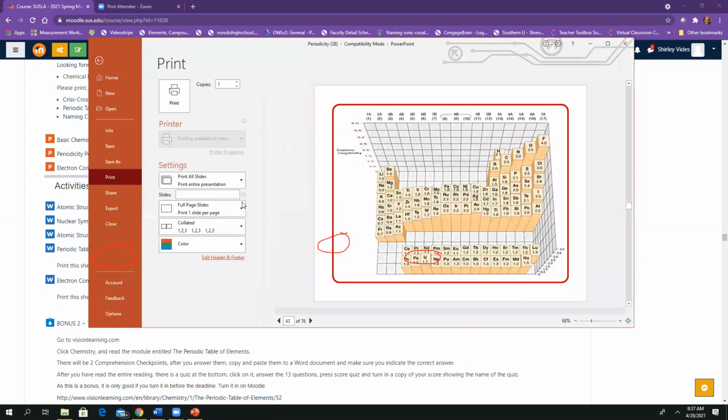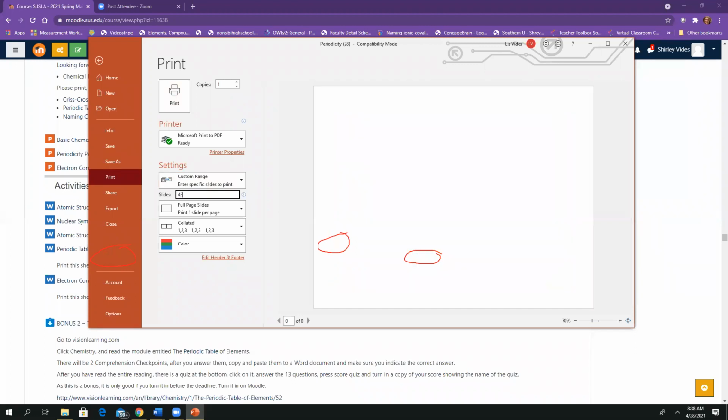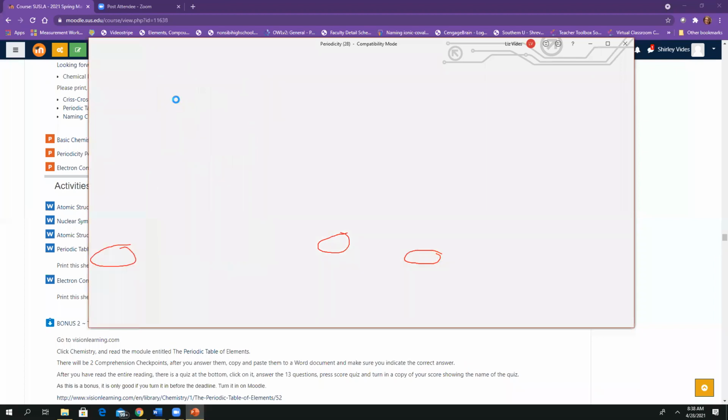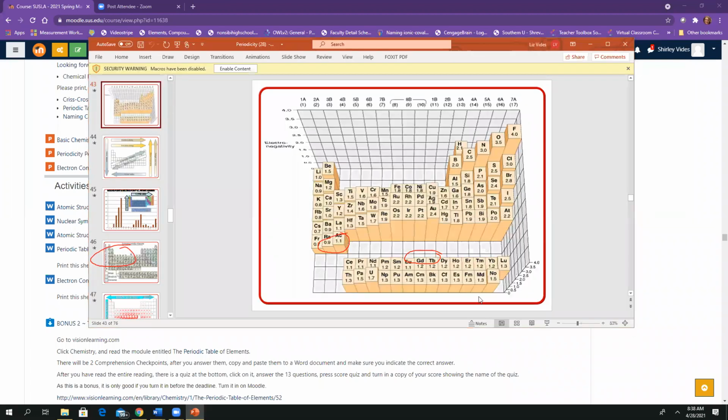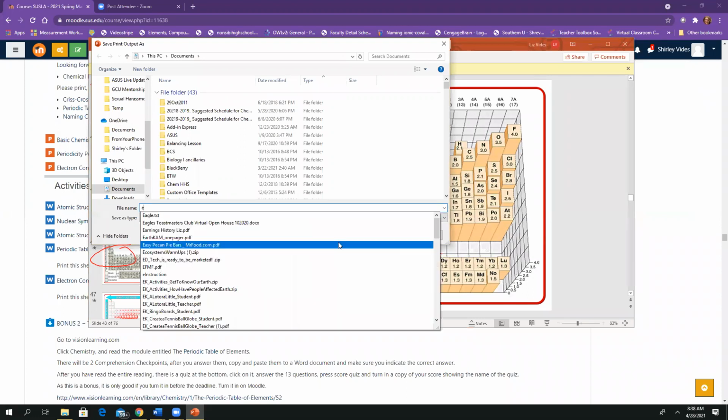I just need this one slide, slide 43. Yeah, there it is. Print it, and we'll just call it electronegativity.